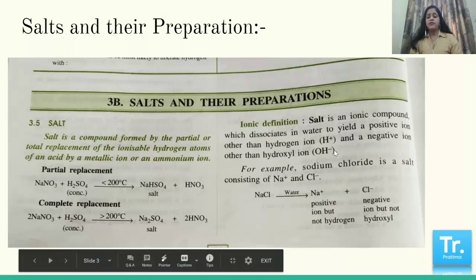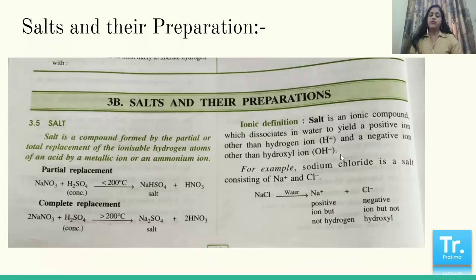Ionic definition, of course you know that it's an ionic compound which dissociates in water to yield a positive ion other than hydrogen ion and a negative ion other than hydroxyl ion, because the hydrogen of the acid and OH of the base is already giving you water. That's what is a definition.